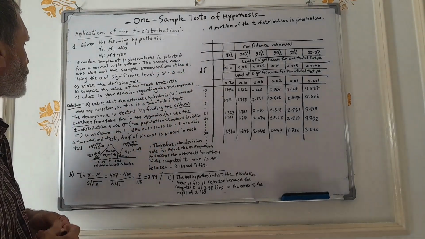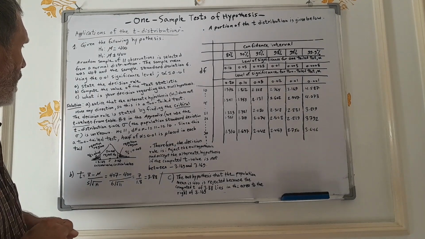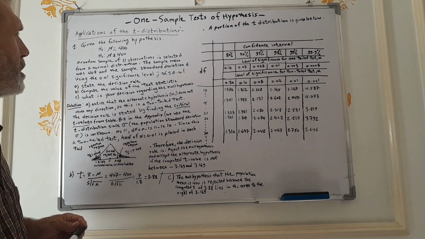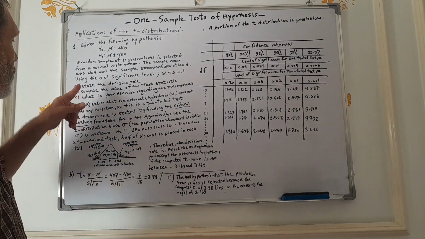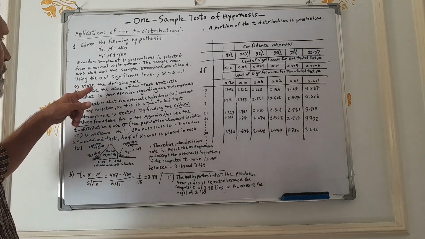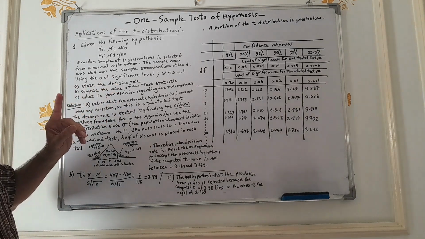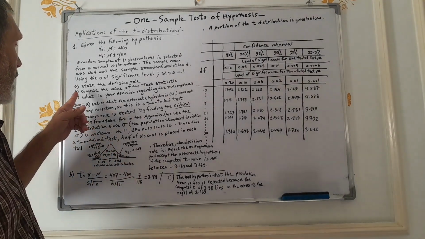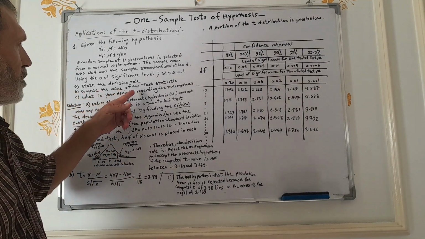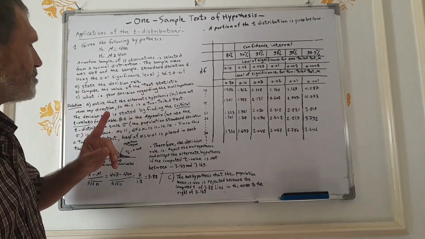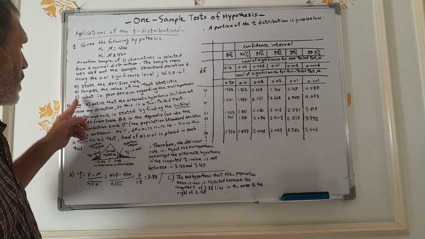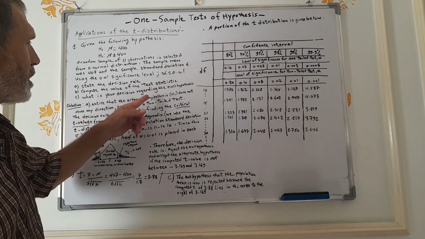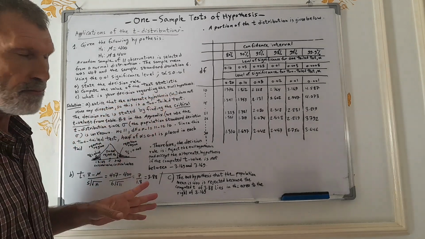Now, we have 3 questions concerning this problem. The first one says state the decision rule. The second one, compute the value of the test statistic. The third, part C, what is your decision regarding the null hypothesis?